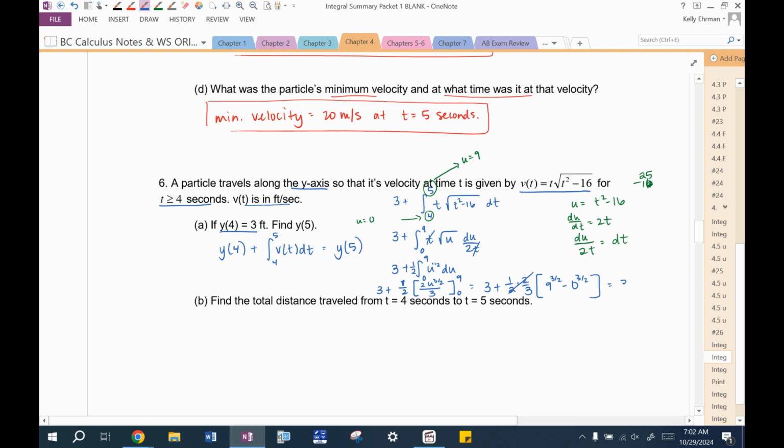So that's 3 plus 1/3 times 9 to the 3/2. The square root of 9 is 3. 3 to the 3rd is 27. 0 is just 0. 3 plus 9 is 12. 12, what are we even talking about here? Feet. That's the position. That's the solution for y of 5.